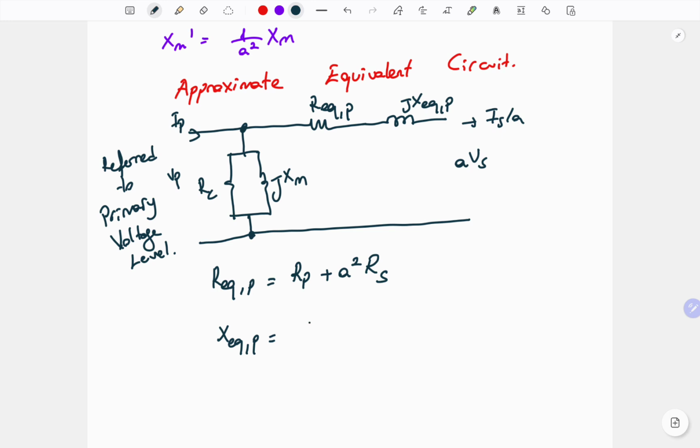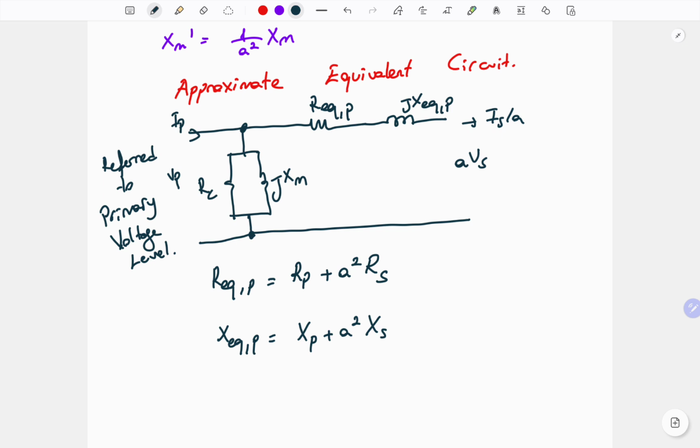Similarly, Xp and a square Xs will be the X equivalent primary side reactance, which is connected in series. So this is the first case for the approximate equivalent circuit, which is referred to the primary voltage level.